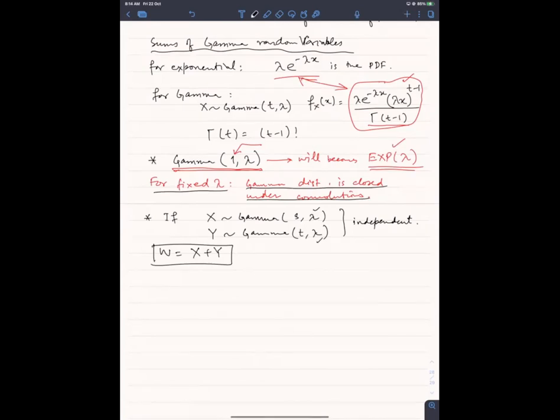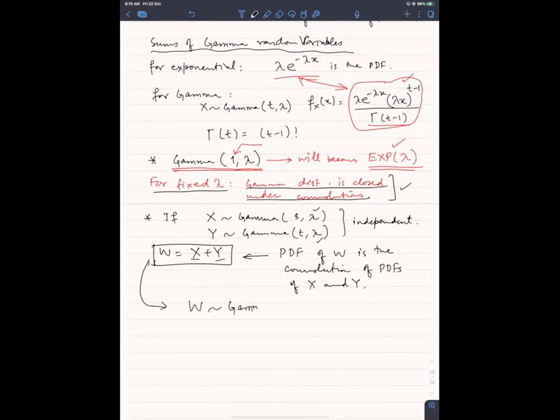So now revert back to what we said about the sum of independent random variables. The PDF of W is the convolution of the PDFs of X and Y. But X and Y have the same lambda, and the gamma distribution is closed under convolutions. So W will also be a gamma random variable.